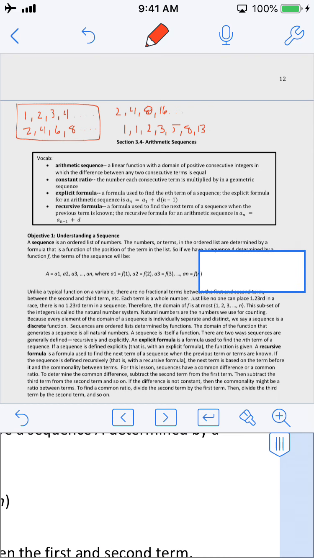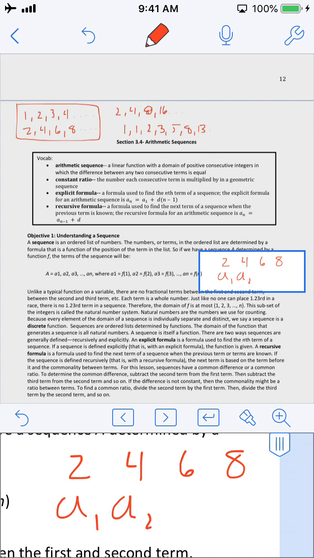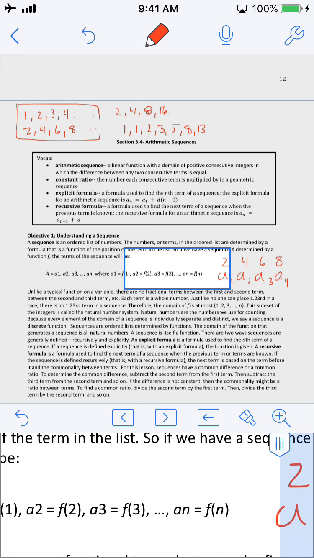So if we're going to use 2, 4, 6, 8, then this would be A1, A2, A3, and A4. And what it's just saying is the first term, the second term, the third term, the fourth term. For a term number we don't know, then we would use n. So n, think of it like the place value.